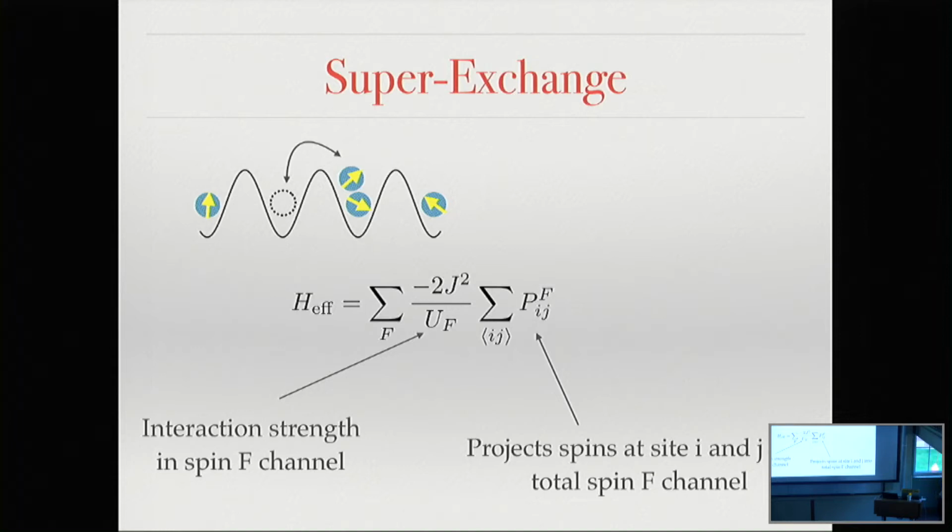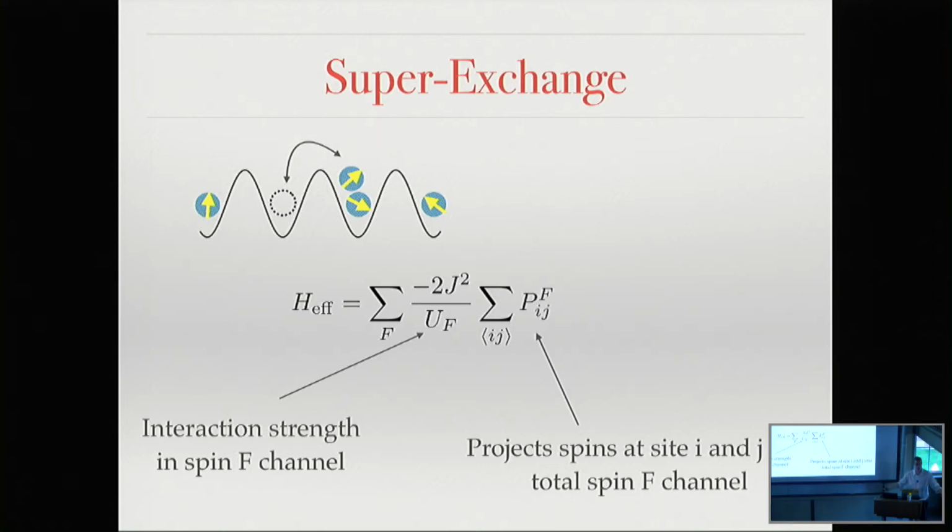And generically, if I'm working at zero field, so that you have rotation symmetry, we can write this effective spin model completely generically by decomposing the total spin that you get when this one particle hopped over there. So I'm going to let capital F be the total spin of these two little f atoms.